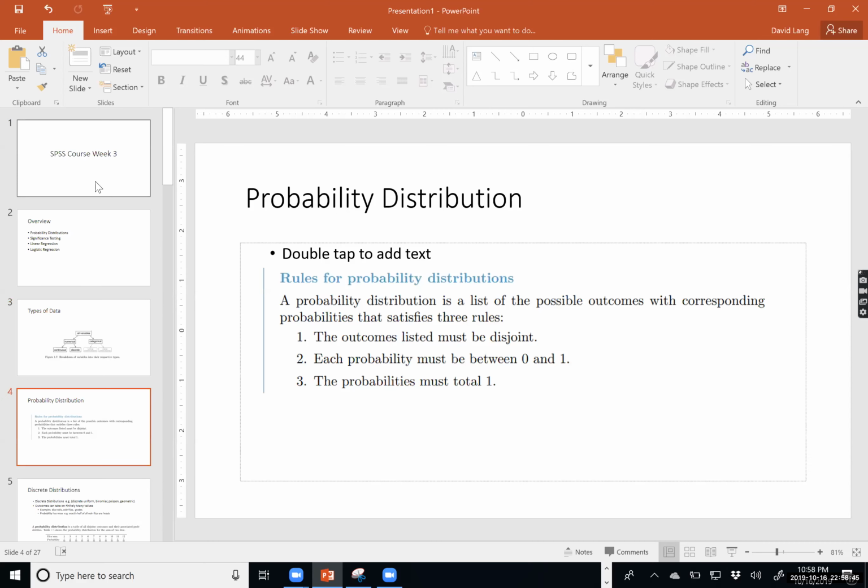So just recapping real quick what we know about probability distributions. The things that I want you to take away are that each probability associated with a distribution must be somewhere between 0 and 1, and that the probabilities must total to 1.